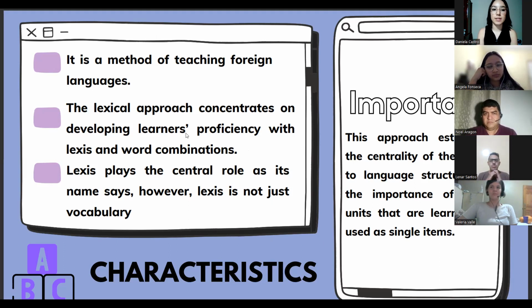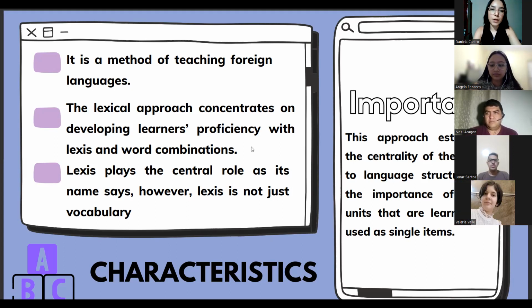And as it mentions here, the learners use lexis and word combinations. Sometimes it will be really easier for the learners because there are some sentences that probably don't follow the grammar structure, but it has sense.